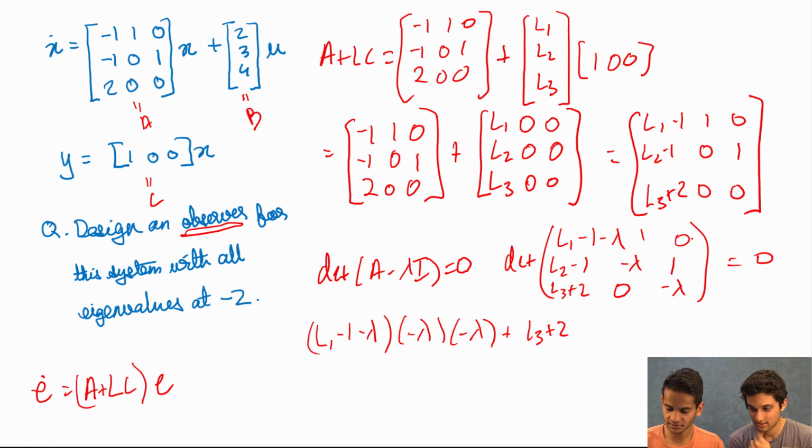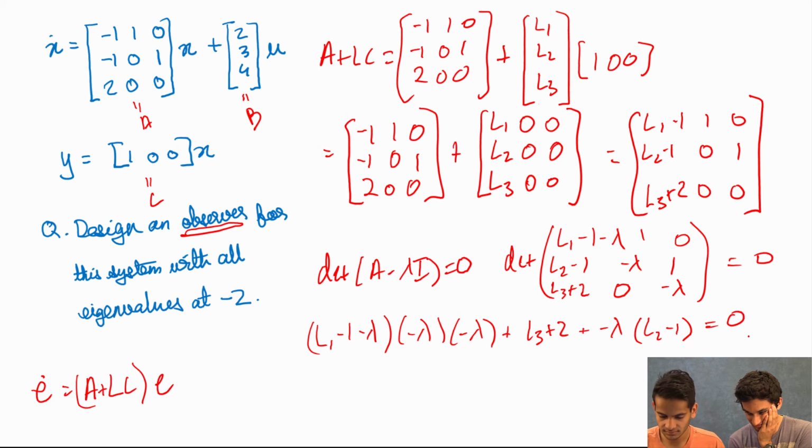Going up, this is a 0, this is a 0, and then the only one we have is minus lambda times L2 minus 1. Right? Do you want to double check on Wolfram Alpha? I think we did this correctly. In case we did it wrong, we're sorry.